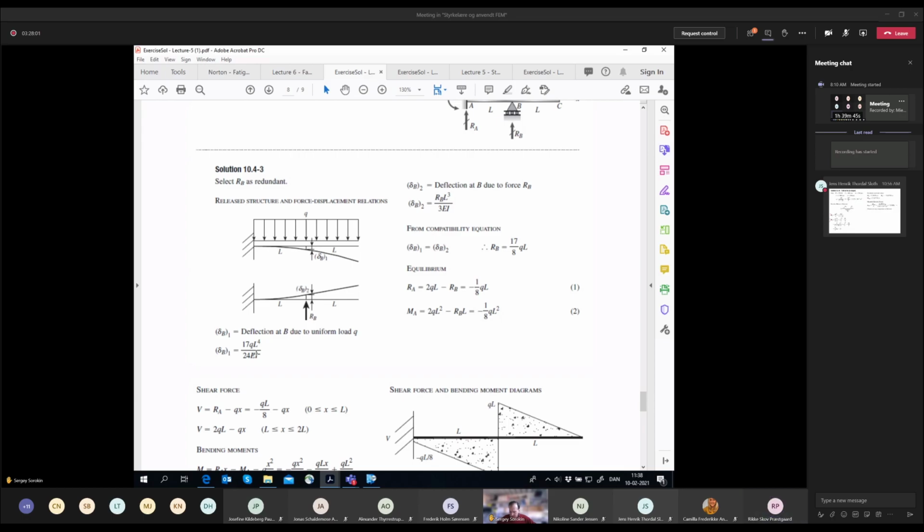So I take the upper formula, not the formula with delta. I just take this formula for v. So this is how you show it's consistent.